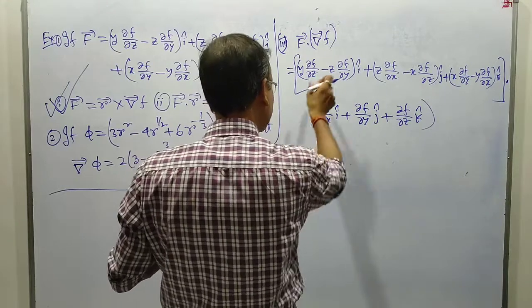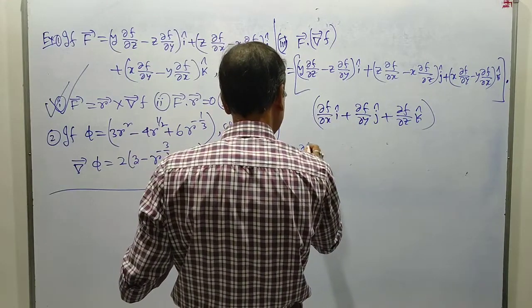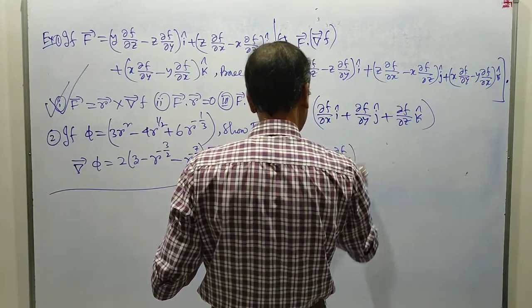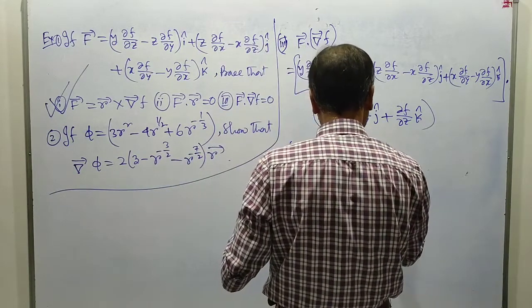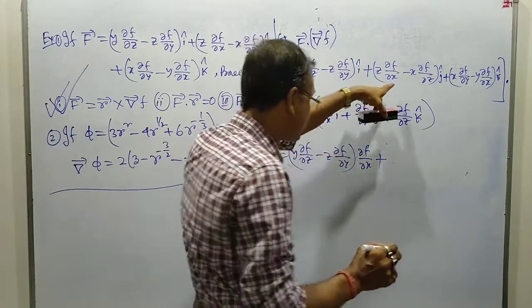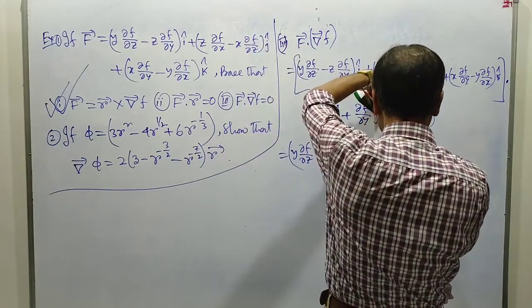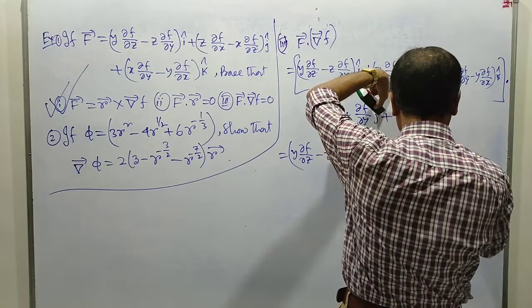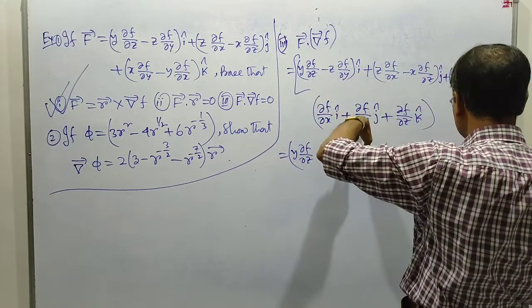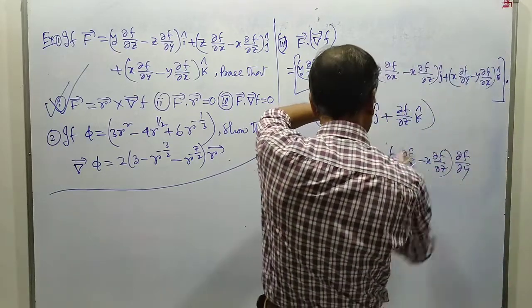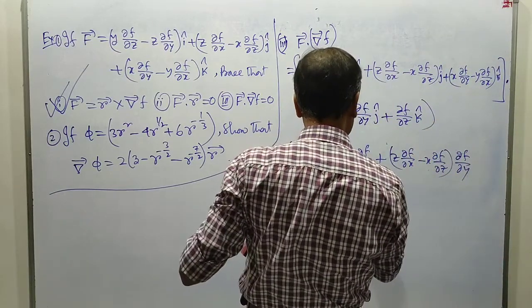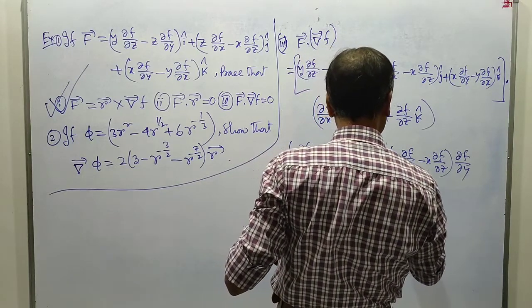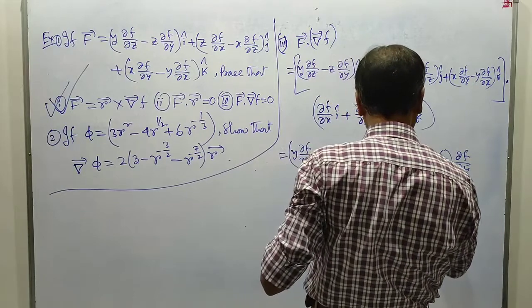This is equal to (y ∂f/∂z minus z ∂f/∂y) ∂f/∂x plus (z ∂f/∂x minus x ∂f/∂z) ∂f/∂y plus (x ∂f/∂y minus y ∂f/∂x) ∂f/∂z.